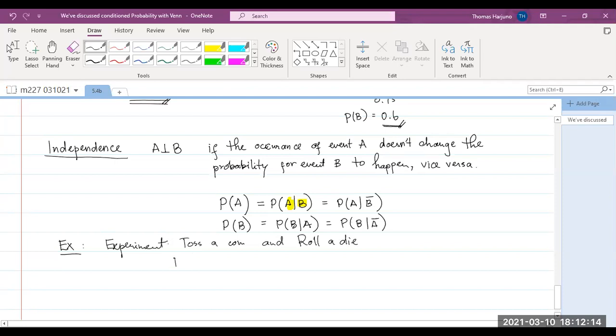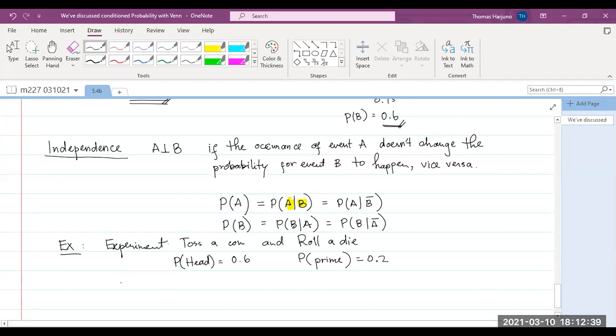The probability that the outcome is head, I didn't say that it's a fair coin, but it doesn't have to be fair, is 0.6. The probability that we roll a prime number, 2, 3, or 5, let's say, is 0.2. So for some strange reason, the die is so loaded that it hardly shows prime numbers.